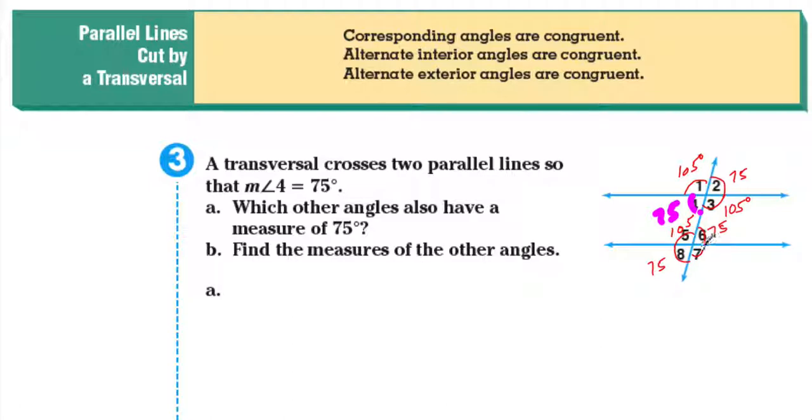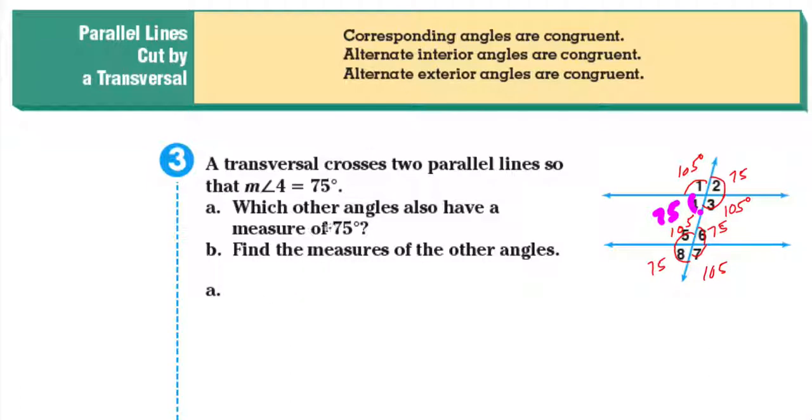And lastly, angle 7 and angle 8 are vertical angles. That's also 105 degrees. And angle 1 and angle 7 are alternate exterior angles. That's why it's also 105 degrees. Now we named all the degrees. All we need to do is answer the questions. Find the measures of the other angles.